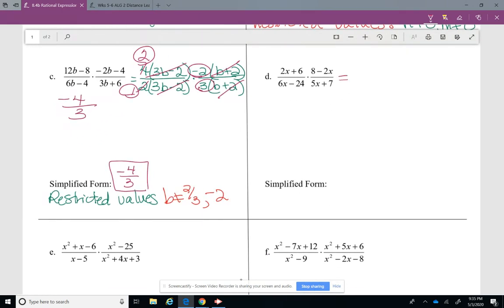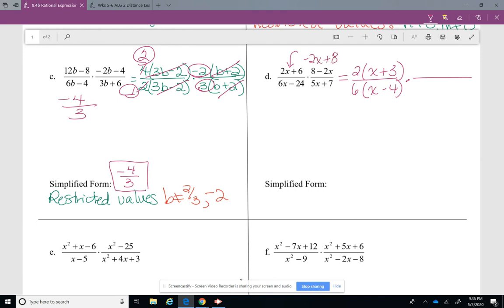So we're going to set them equal. We're going to go ahead and pull out a 2 here. 2 times x plus 3 is 2x plus 6. Pull out a 6 in the denominator. 6 times x minus 4 will be 6x minus 24. For the one up top, I'm going to just switch it right here and put negative 2x plus 8.